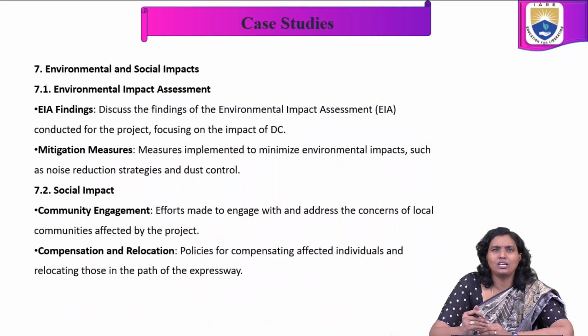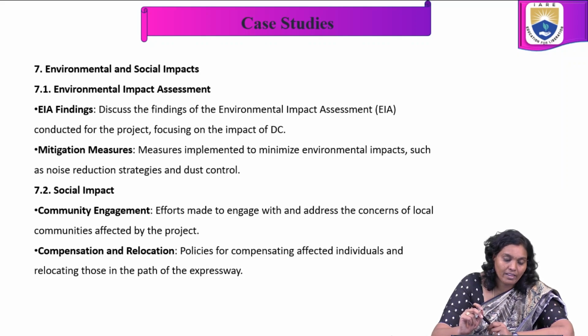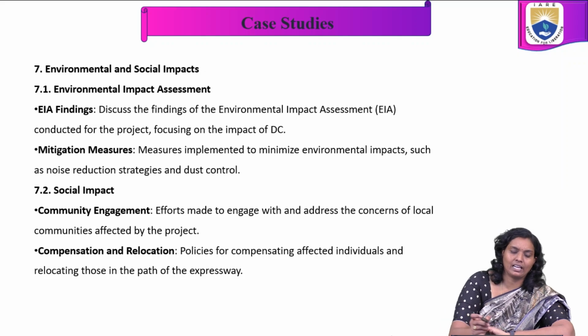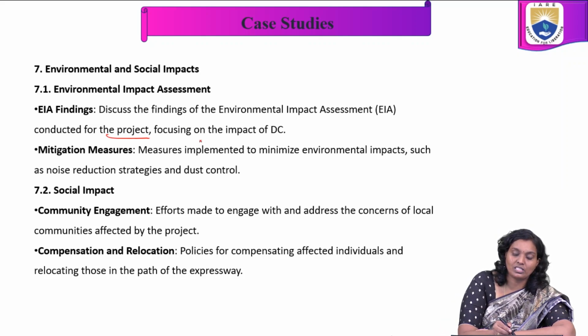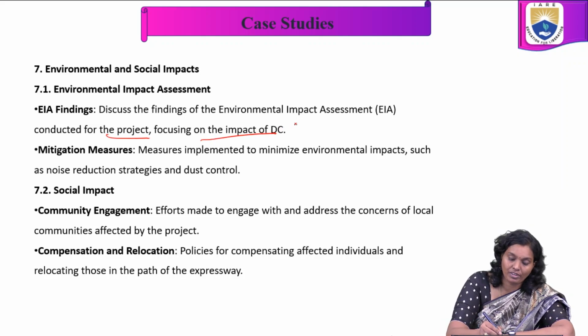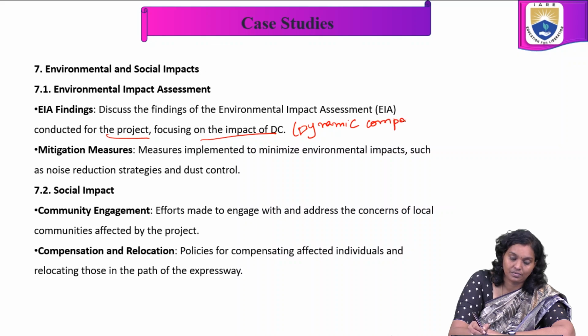And in environmental and social impacts, first the environmental impact assessment findings: discuss the findings of the environmental impact assessment conducted for the project, focusing on the environmental impact of dynamic compaction. DC is nothing but dynamic compaction.